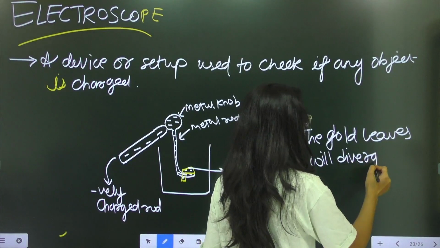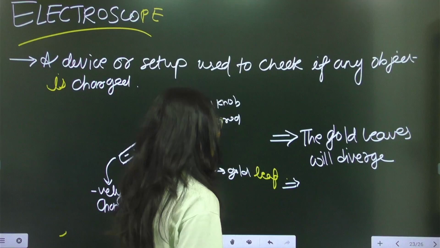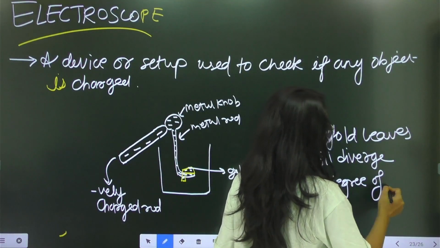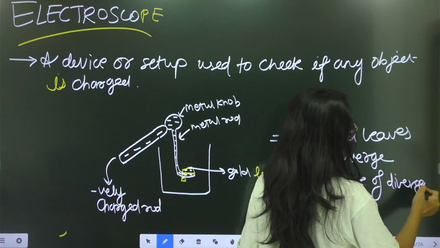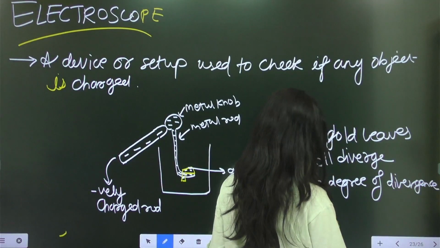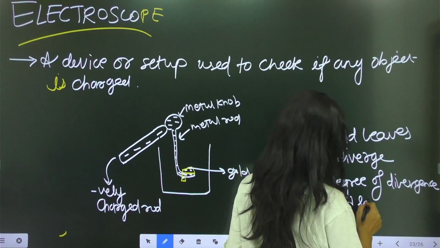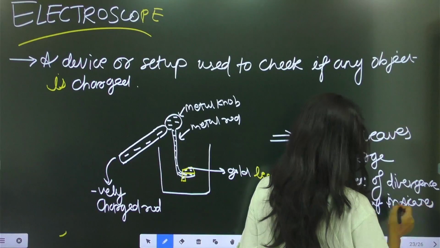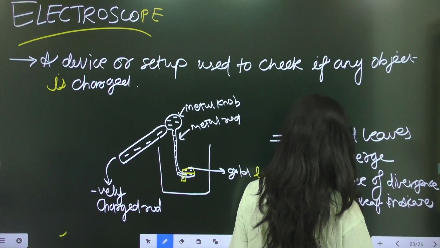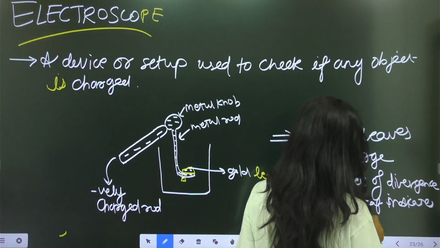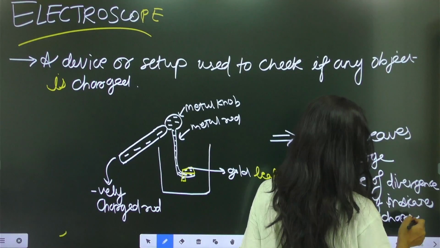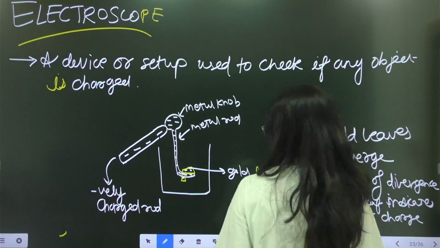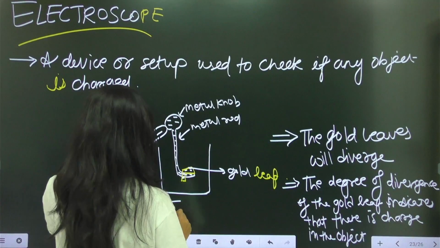And the degree of divergence of the gold leaf indicates that the body was charged, that there is charge in the object that was touched. Okay, so this is basically the setup of an electroscope.